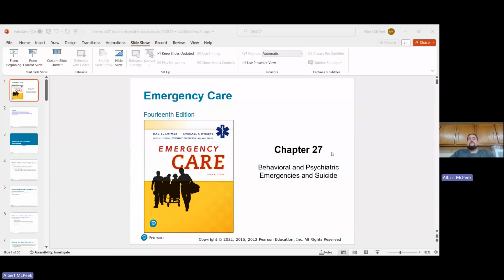Always consider patients acting in an unusual or bizarre fashion to be experiencing altered mental status. This will help you to avoid overlooking a medical or traumatic cause for the patient's problem. Okay, now, unusual actions.